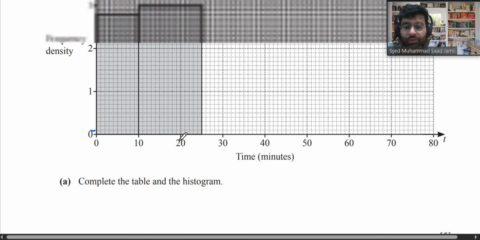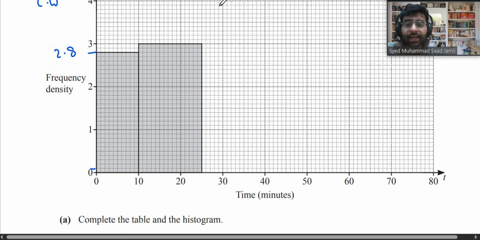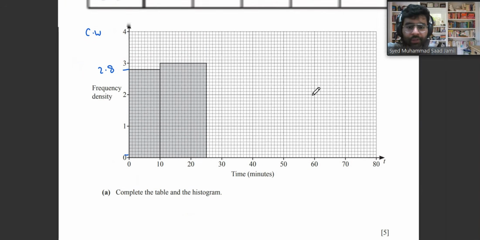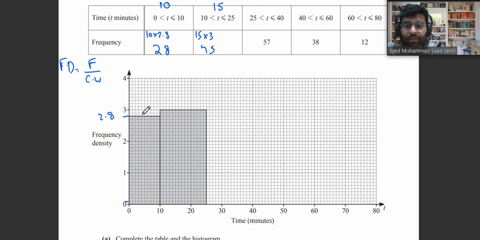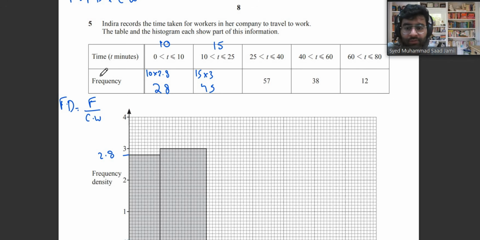So now the question says complete the table and the histogram. Frequency density is frequency divided by class width, so we will calculate class width for all of them. 40 minus 25 is 15, 60 minus 40 is 20, 80 minus 60 is also 20.